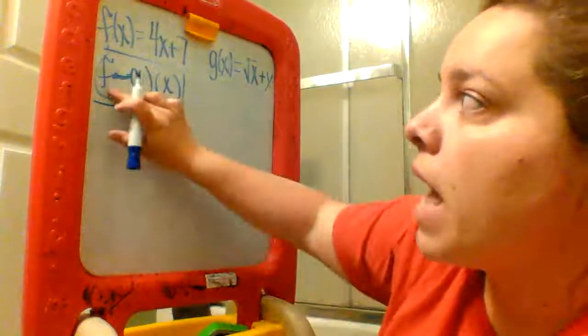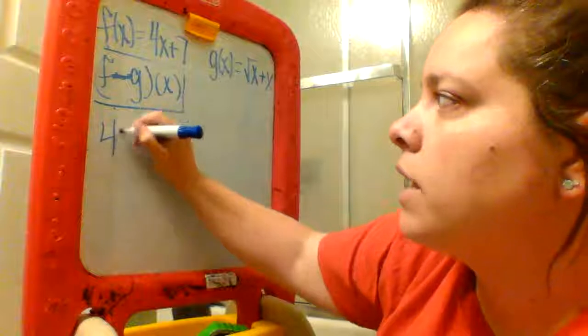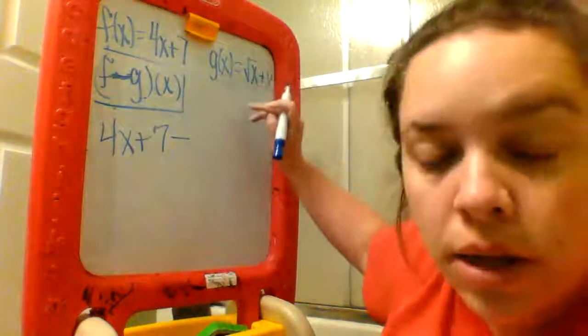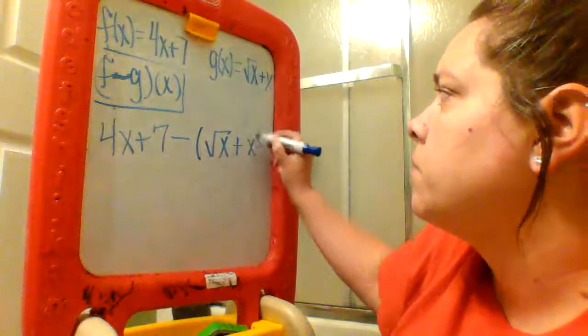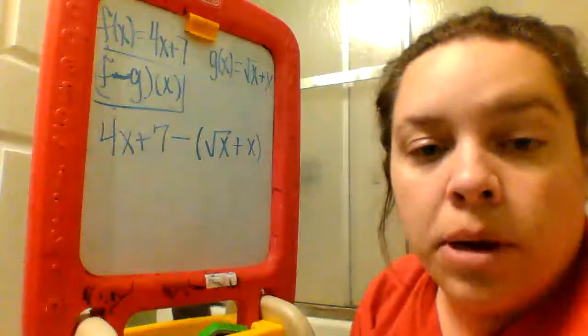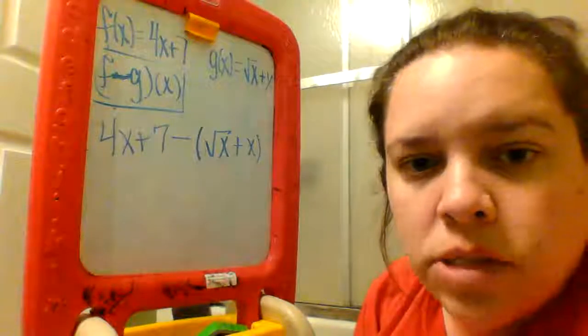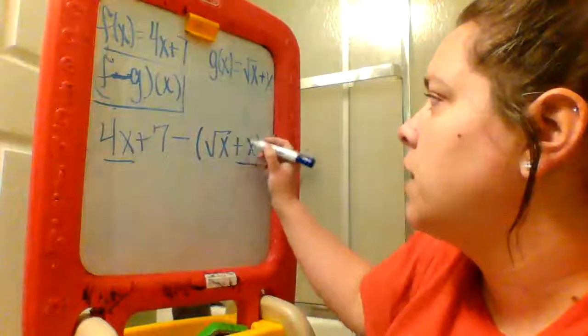So when I go to write f minus g of x, I'm going to take function f, which is 4x plus 7, and I'm going to subtract all of g of x, which means I need to put it in parentheses. Okay. And then I'm going to look for like terms again. So since these are the same equations from the last one where we added them together, we already know what the like terms are. This 4x and this 1x.